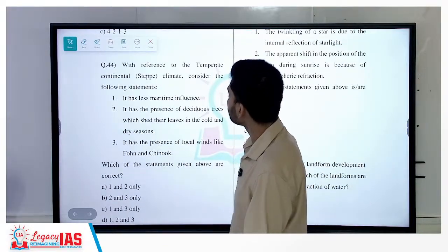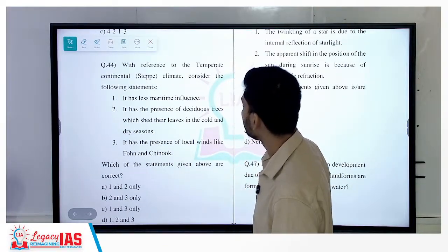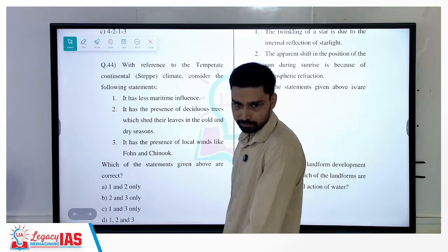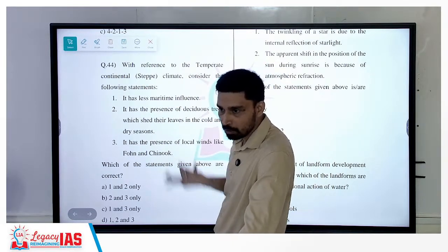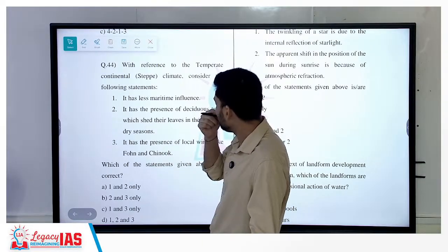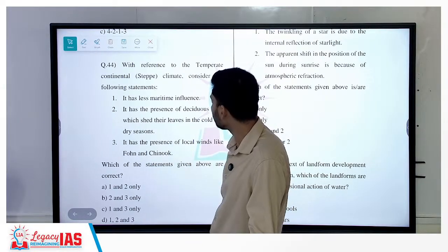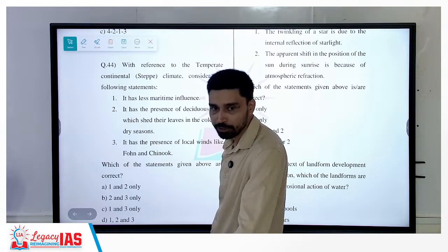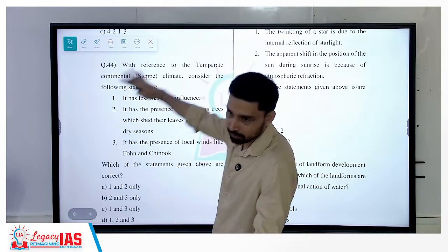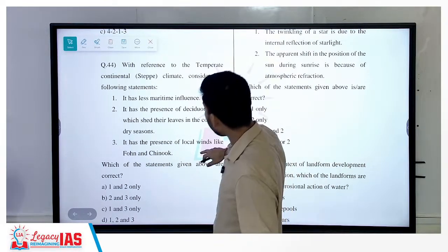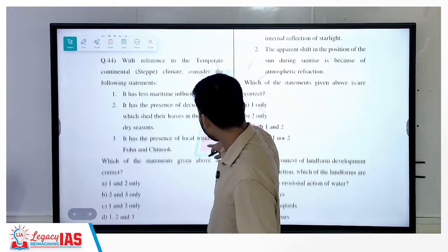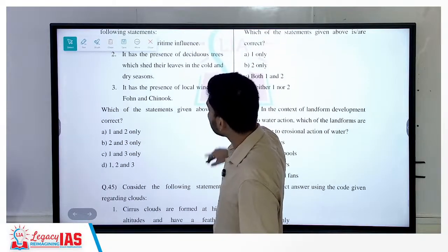With reference to steppe climate, consider the following statement. It has less maritime influence. Okay, true, because far away from sea, in the central part of continental landmass. So that's correct. Presence of deciduous trees. Do they have trees or not? No. It is completely grassland. Presence of local winds like foehn and chinook. Okay, so that you find in the grassland. For example, in the prairies.